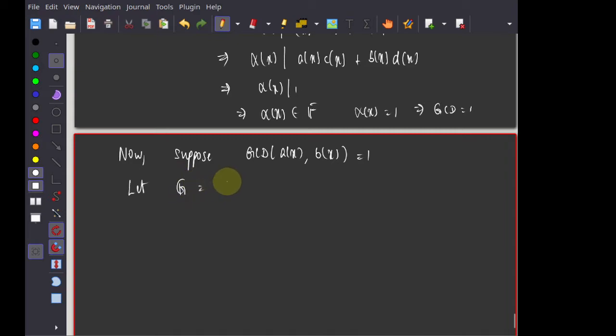So let us define the following set, which is the set of all a of x, c of x plus b of x, d of x for all possible polynomials c of x and d of x.